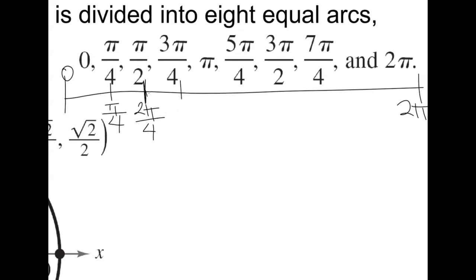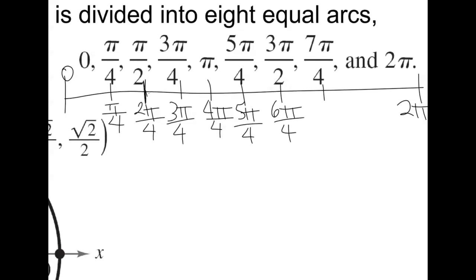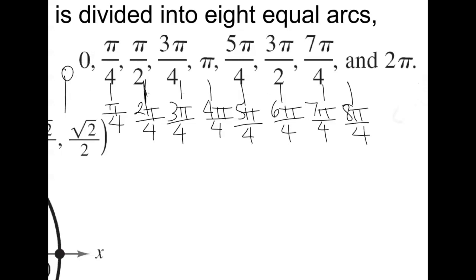The next one will be 3 pi over 4, and then I will have 4 pi over 4, and then 5 pi over 4, 6 pi over 4, 7 pi over 4, 8 pi over 4, and actually we will stop right there. So I'm going to just redraw this line. Okay, so it will look like that.